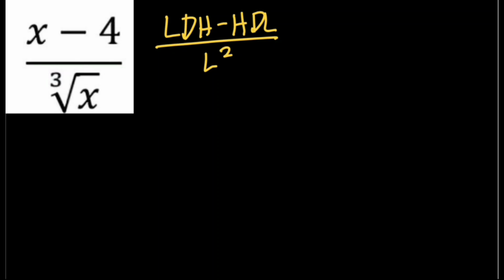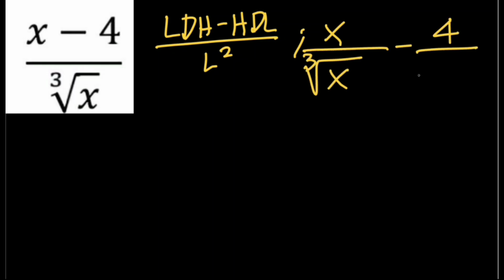Now let's apply that to derive the given function. So we were given here x minus 4 over cube root of x. Actually, we can directly derive this, but it will be confusing and complicated. So let's just separate this function. We can write this as x over cube root of x minus 4 over cube root of x.